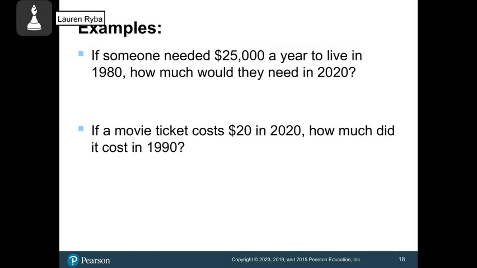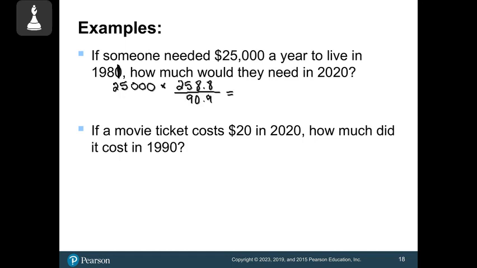All right, so in this example here, I'm going to change this value to 1981. If someone needed $25,000 a year to live in 1981, how much would they need to have in the year 2020? To predict 2020, I'm going to take the 1981 value of $25,000 and multiply by the CPI from the year 2020, which was 258.8, divided by the CPI from 1981, which is 90.9.